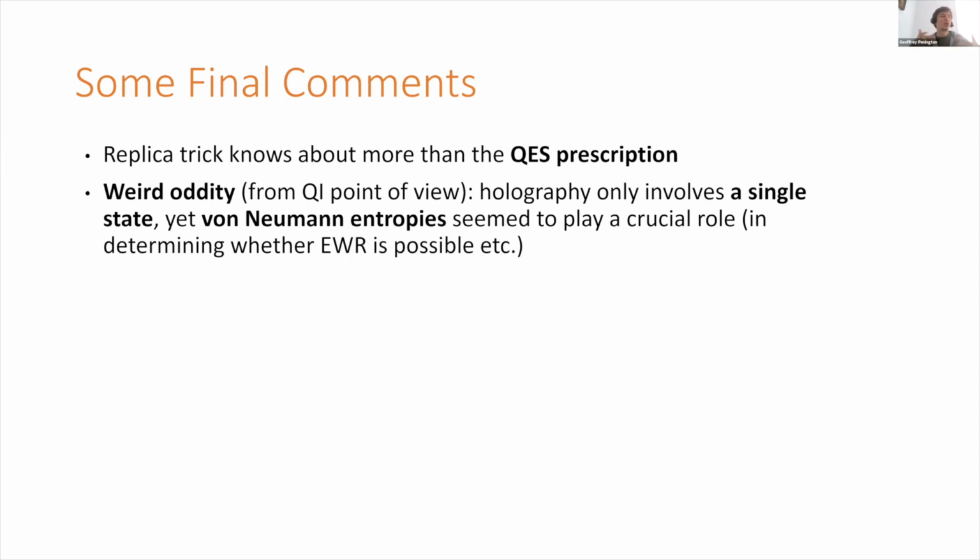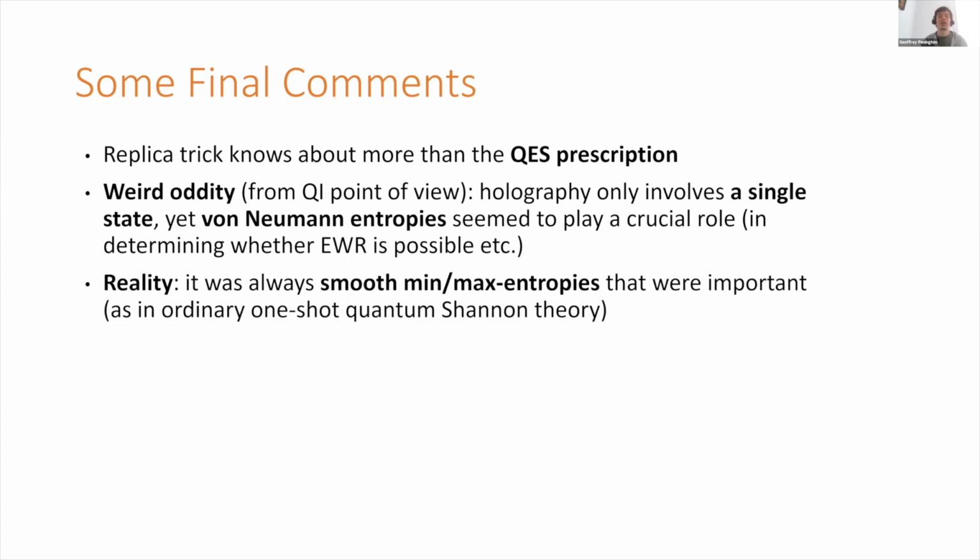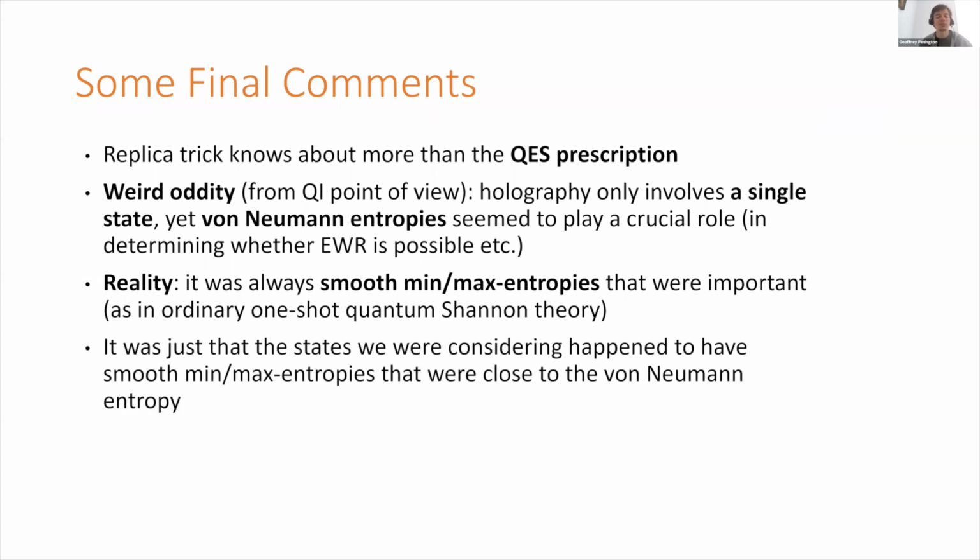You need a sort of law of large numbers to make the von Neumann entropy the relevant thing. If you only have one copy, the important things are the smooth min and max entropies. So what we're saying is that in reality, even in holography, it was always the smooth min and max entropies that were important. It's just that we were often considering states that implicitly had some law of large numbers. They were thermal or something like that, and so we could get away with considering von Neumann entropies.